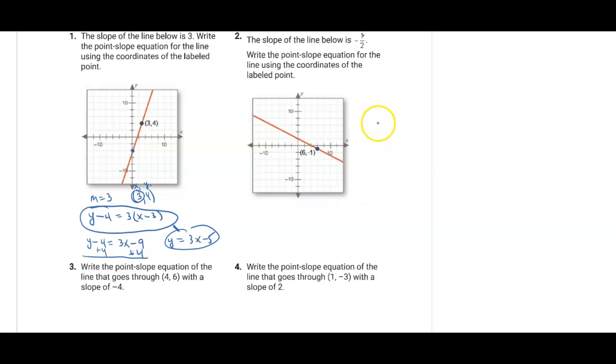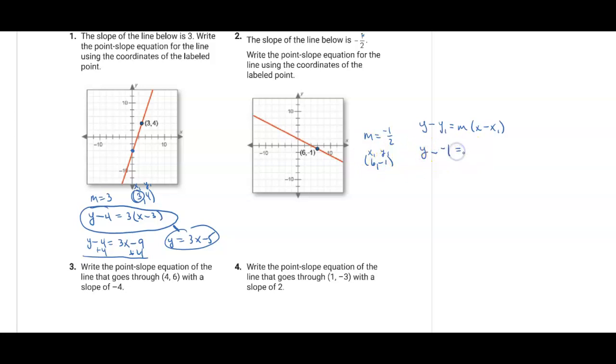Now the next one, they tell you the slope is negative 1/2. Okay? The slope is negative 1/2. And we're given the point 6, negative 1. Remember, y minus y1 equals m times x minus x1, where this is x1, this is y1. So y minus, what's my y coordinate here?